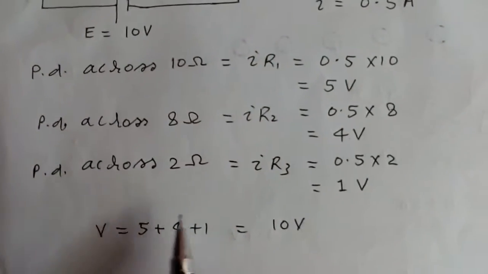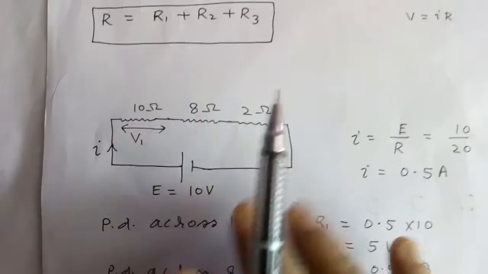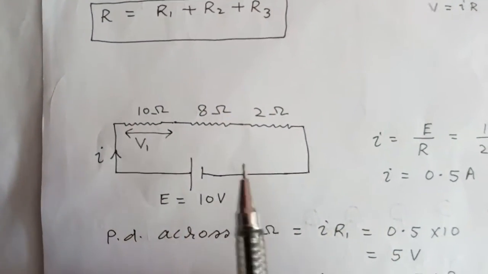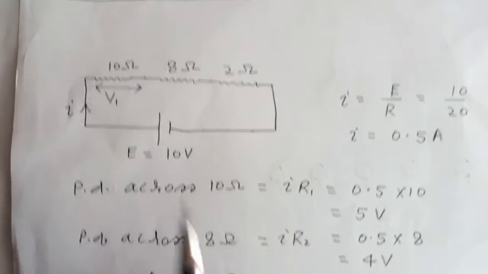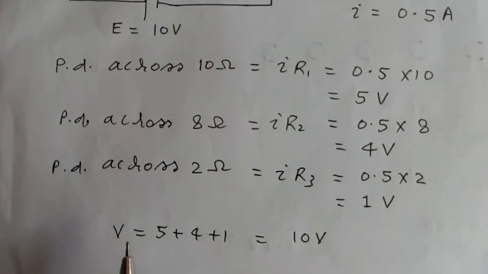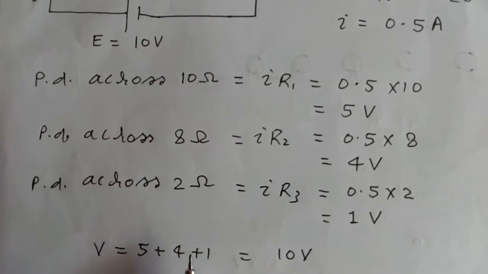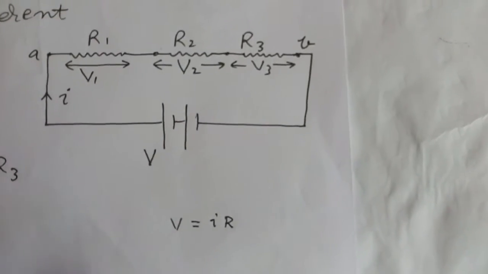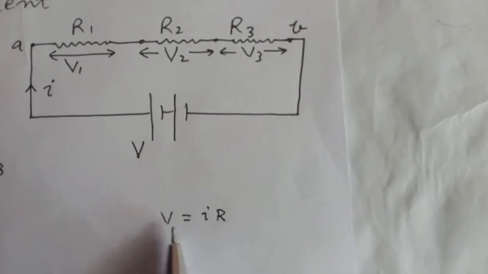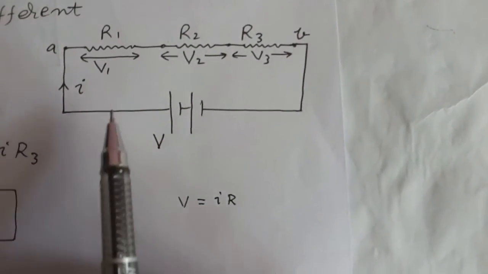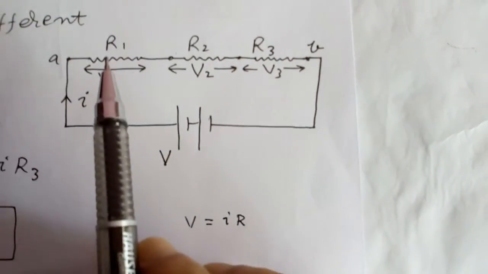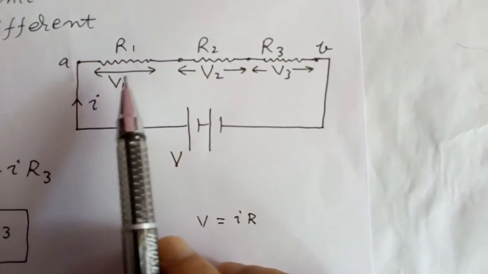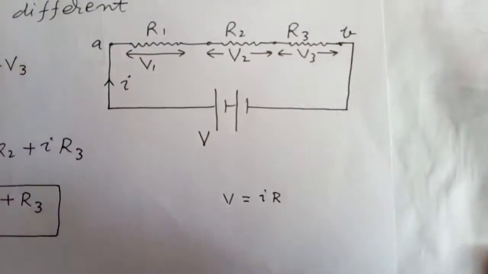So here it is clear that potential difference across that resistance is more, whose resistance is more. Now sum of these potentials is V is equal to 5 plus 4 plus 1, which is equal to 10 volt. Now since V is equal to IR, so V is proportional to R. Since current in each resistance is same, this is the reason why potential difference across that resistance will be more, whose resistance is more.